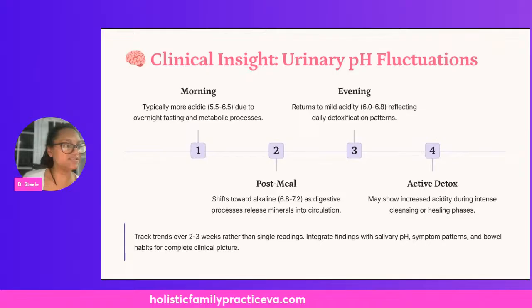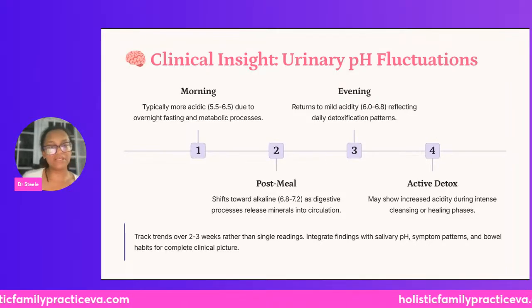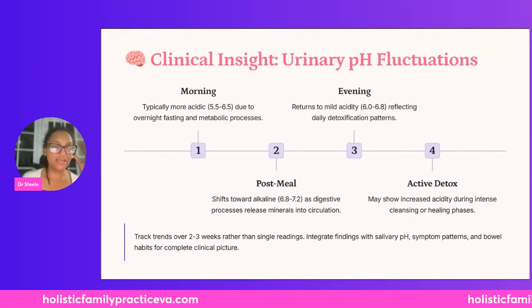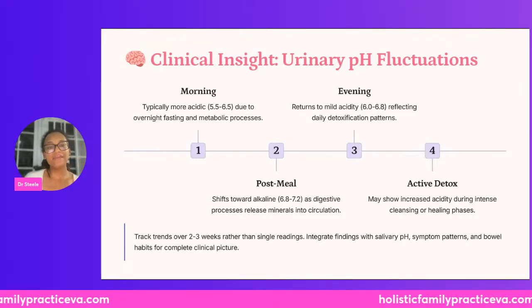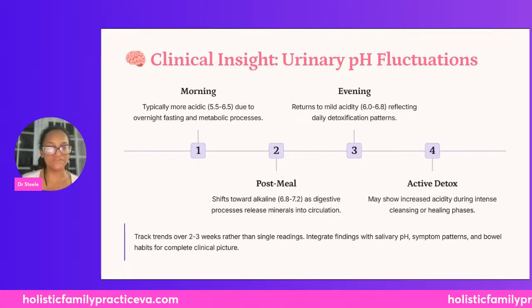So let's put this into perspective. In the morning, typically your urine is going to be more acidic, 5.5 to 6.5, due to overnight fasting and you're building and accumulating metabolic processes. Then right after your meal, it's going to shift to more of an alkaline state, or it should, as digestive processes are going to release the minerals into circulation.